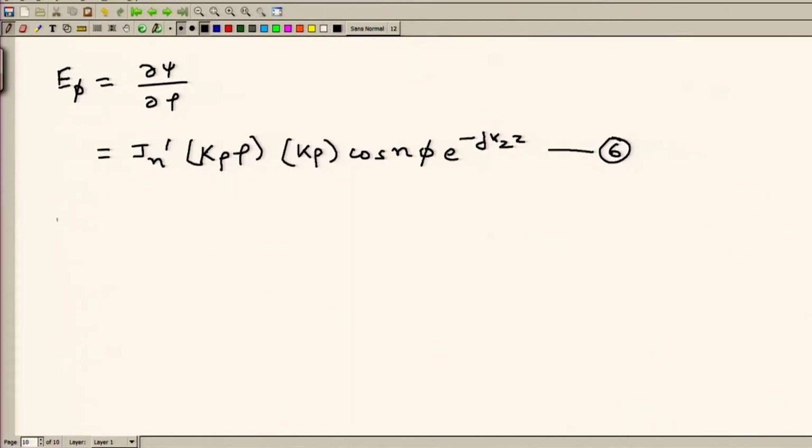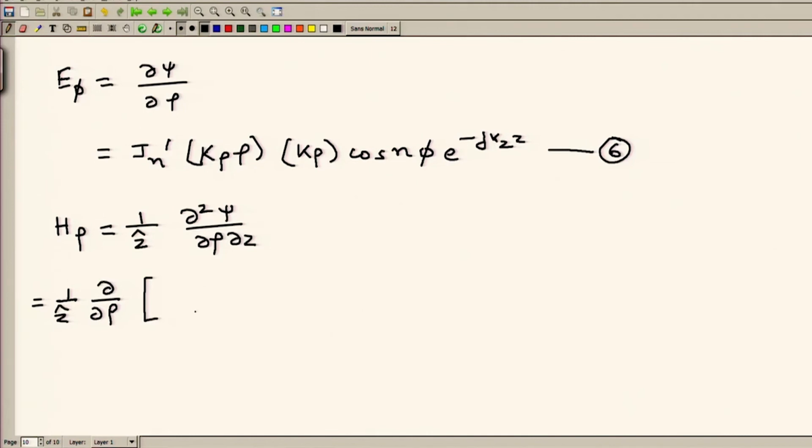Now, H rho. We found that H rho can be written as 1 upon z cap del square psi upon del rho del z. So, that will give us 1 upon z cap del rho of. First we will differentiate with respect to z. So, we will have J n k rho cos of n phi e to the power minus j k z z times minus j k z.